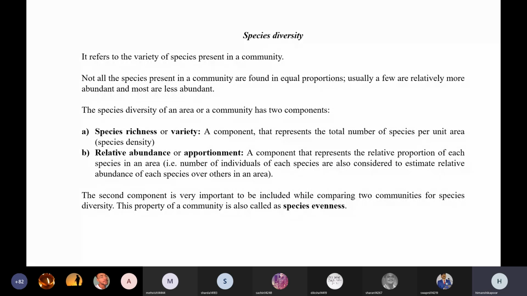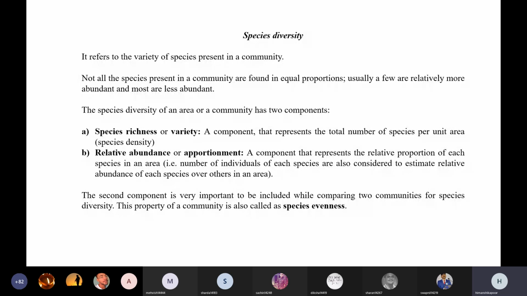So species diversity is defined by two parameters. These are the number of species and the abundance of each species that live in a particular location. What do you understand by the term number of species? How many species are present in an area?